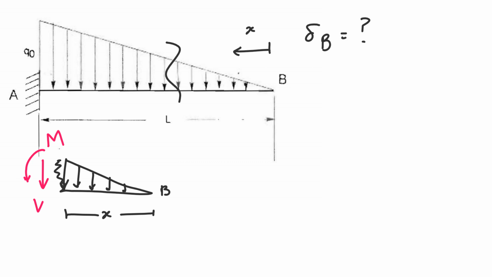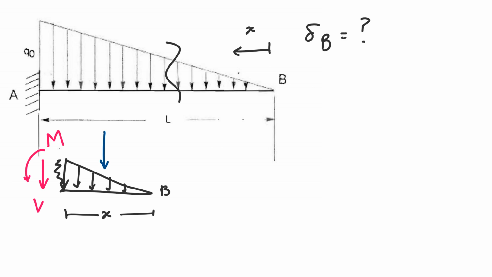We have a load here, right? And when we have a load, we have to first find the total amount of force in this direction. And we also have to find at which location this force is, because since this is a distributed load, it's going to have a single line of action.